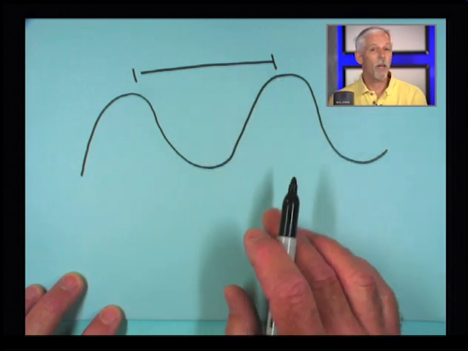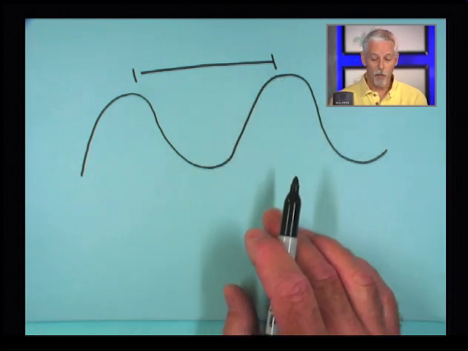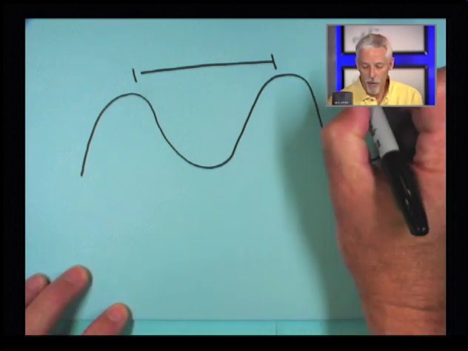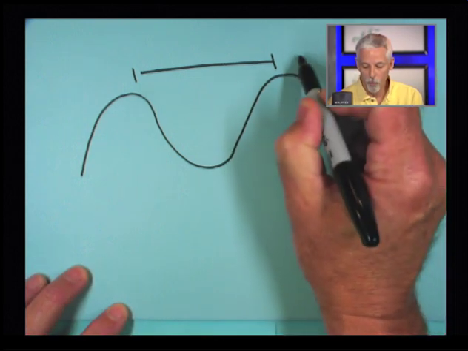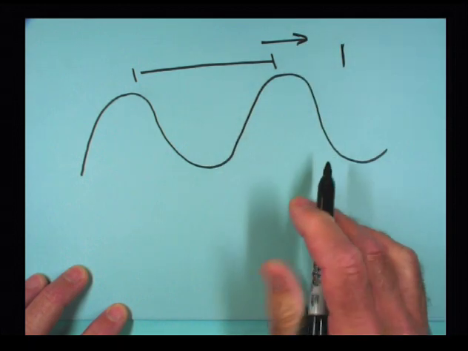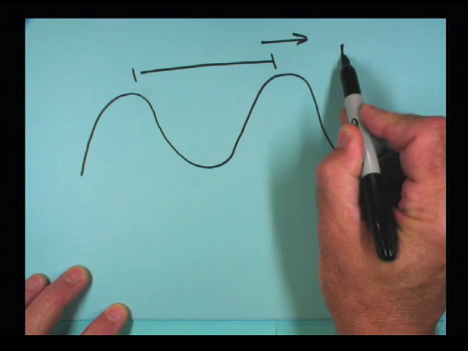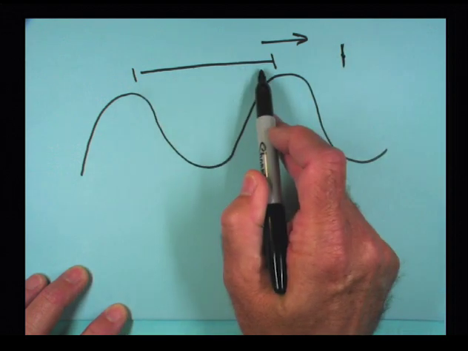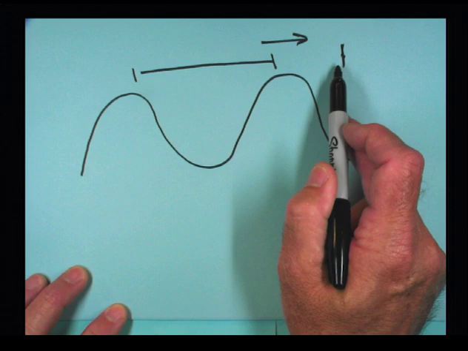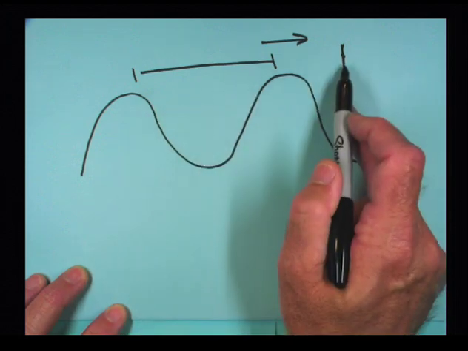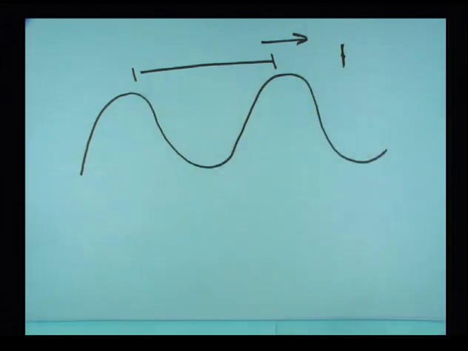And then wavelength in turn is related to frequency. So again, if we had some kind of measuring device over here, and these waves were moving past that measuring device, every time the crest of the wave passed this point, that could be measured. So the longer the wavelength, the slower the frequency, the shorter the wavelength, the greater the frequency. So there's a relationship between wavelength and frequency.